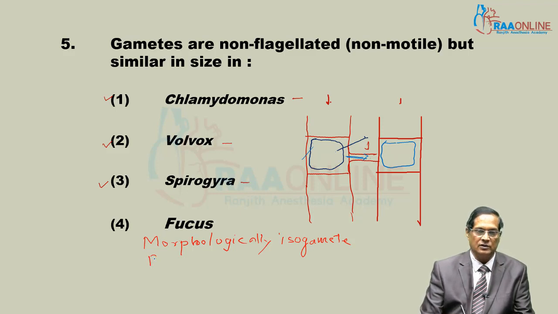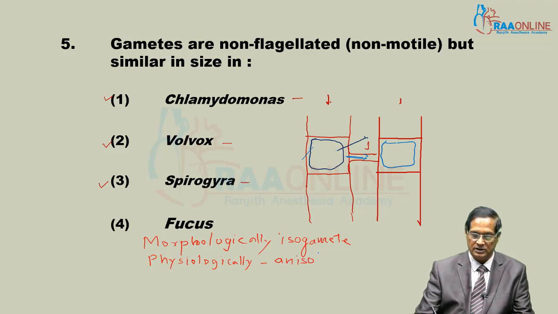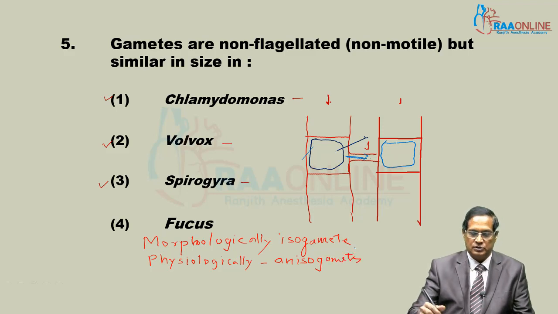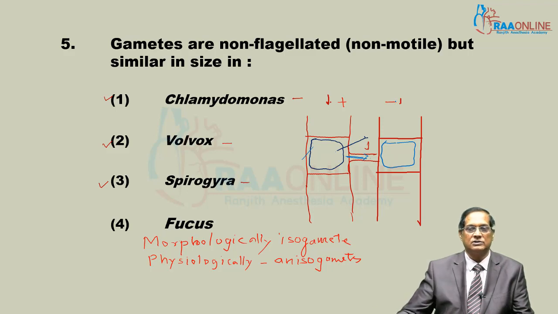But physiologically they are anisogametes, because they differ in physiology. The filament in which migratory gametes are present is positive and the other one is negative. This is the briefing of Spirogyra sexual reproduction.